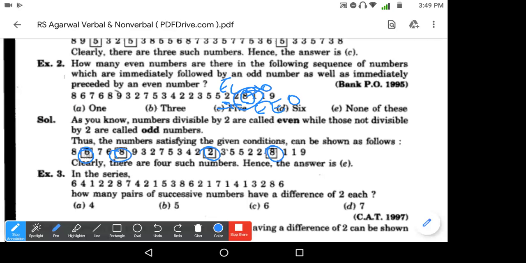So we have 4 numbers in total. But since the option is not 4, we will write none of these. If you see the options, there is no option as 4. So that is why we will write it as none of these. But in the examination, explain this and write there are 4 even numbers.